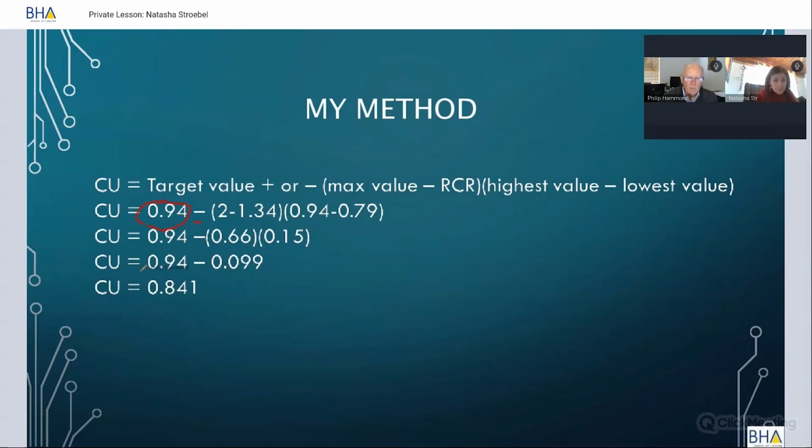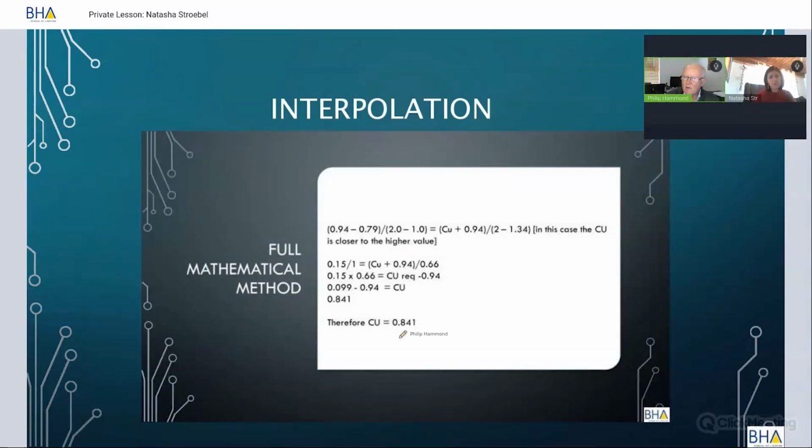It's still the 0.94 all the way, minus that multiplied by that gives you 0.099. 0.94 minus that amount gives us a coefficient of utilization of 0.841.